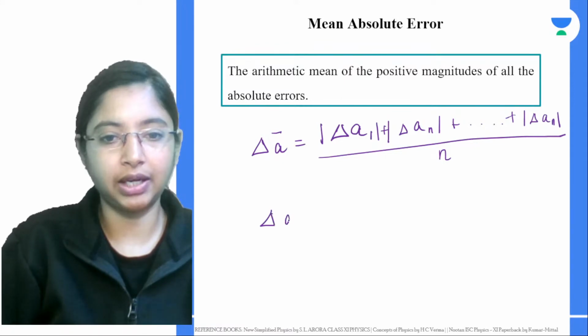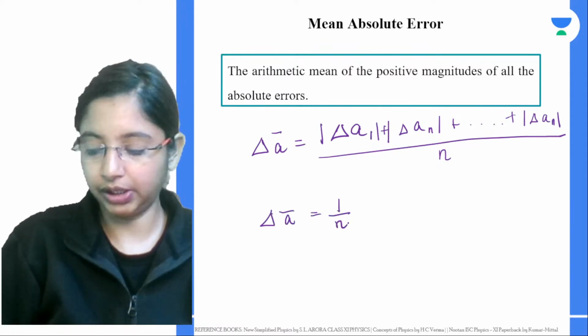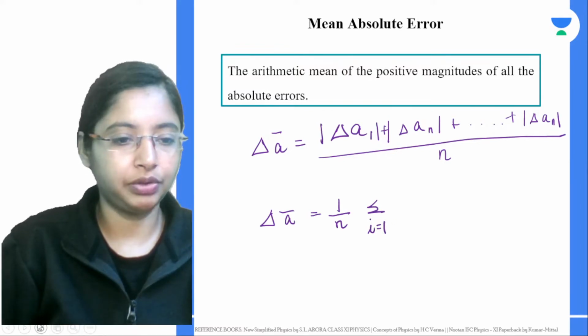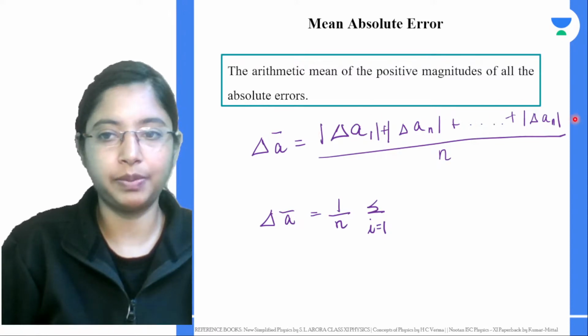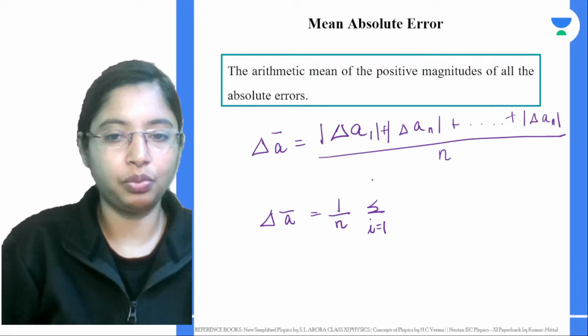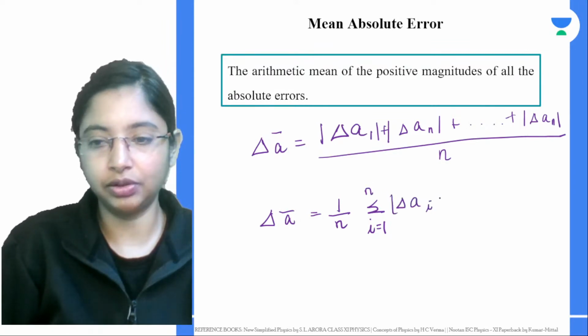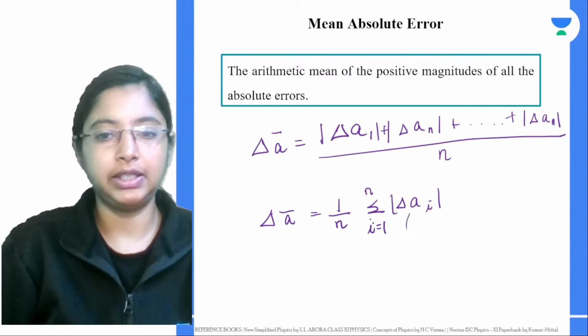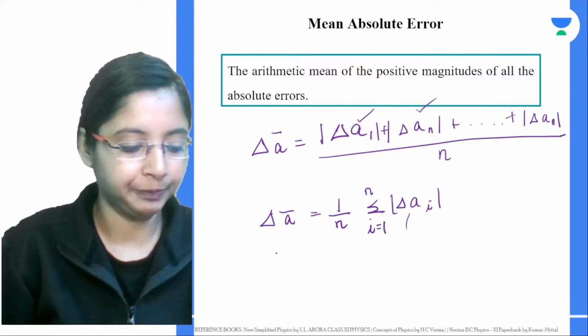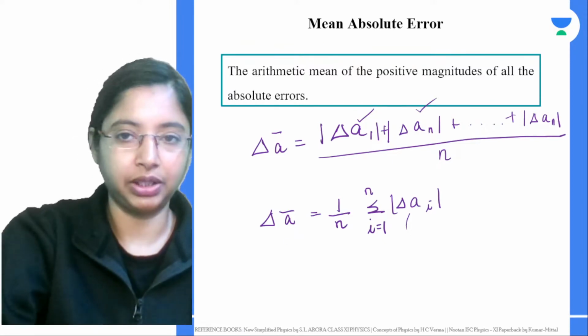So here we can take 1 by n common outside, and if you want to write it in generalized form, this part is nothing but the summation from i equal to 1 to n of the modulus of delta Ai. When i takes the value 1, you get this value, when i takes the value 2, you get this value, and so on up to n. This is the mean absolute error.